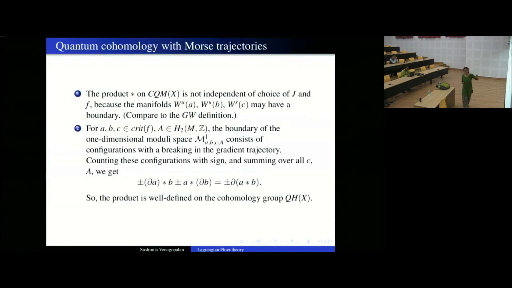So once you have this observation, you see that if A and B are cocycles, then, because of this condition, you should be able to say that the product descends to the cohomology.